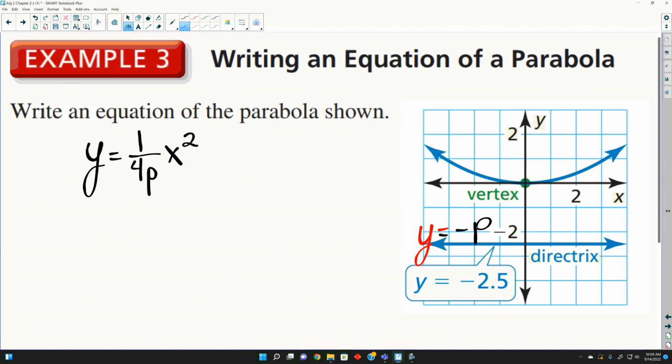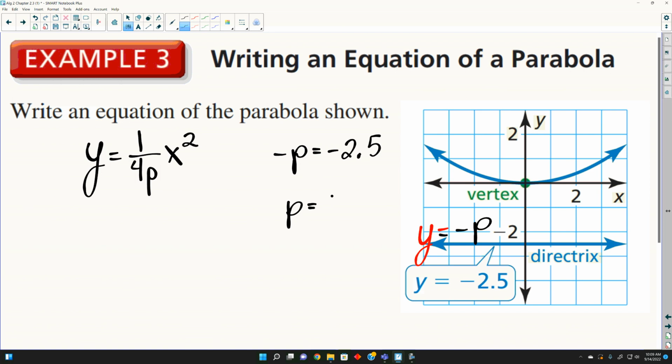So what's that telling us? That negative p is equal to negative 2.5. So what do we know about the value of p?